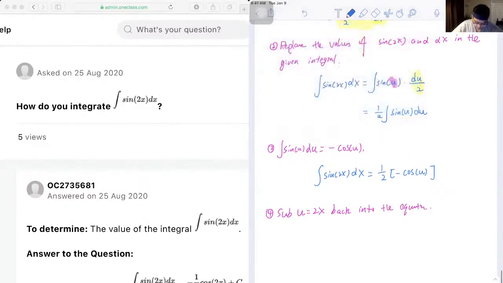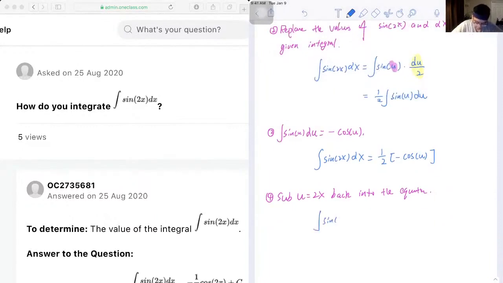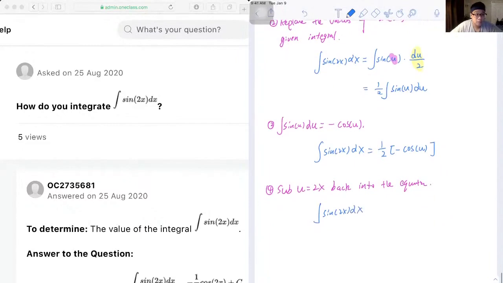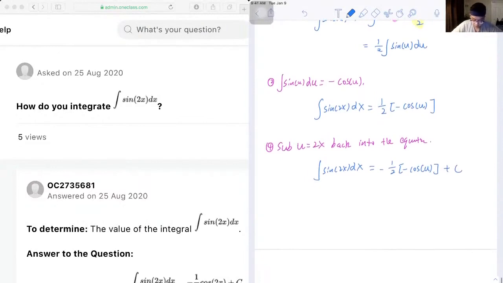So we will have the integral of sine 2x dx is equal to 1 over 2 times negative cosine u plus c, where c is just the constant.